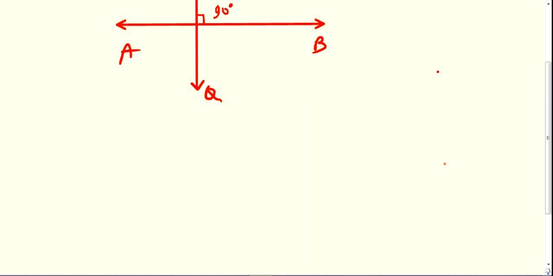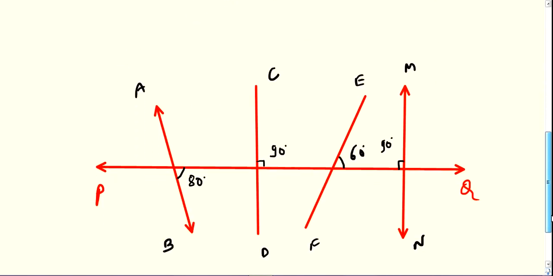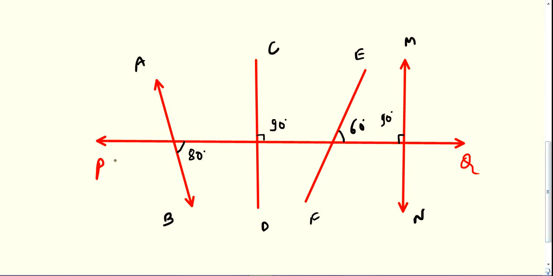So similarly, in question number 3, we have a diagram. State which of the line segments are perpendicular to the line PQ. This is our diagram and we have line PQ. Now we have to find which line segments are perpendicular here.